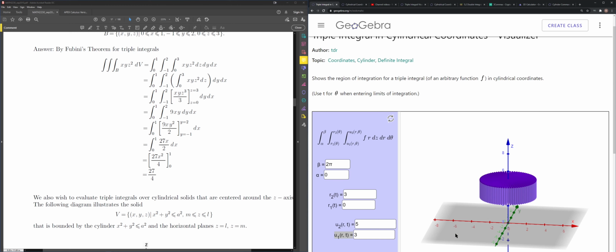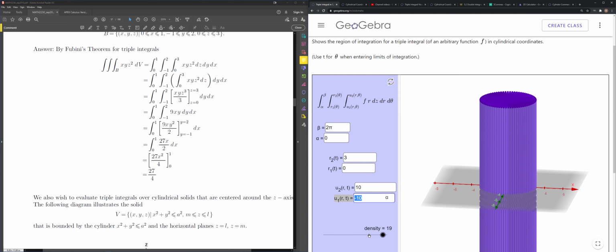This just by itself, where in this example a squared is equal to 3 squared, which is 9, is in fact a solid cylinder of infinite height.